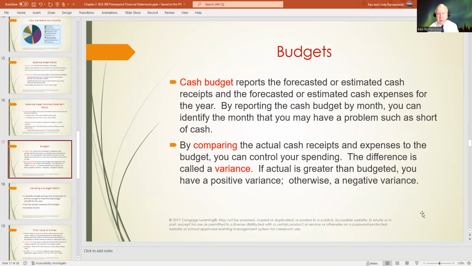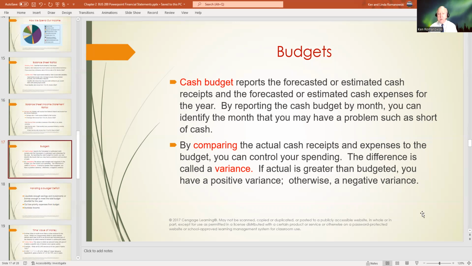Okay, a few more items here. Budgets. The cash budget reports the forecasted or estimated cash receipts and the forecasted or estimated cash expenses for the year. So what you're doing is you're looking at what you've done previously, and now you're going to estimate what the cash needs and the cash income is that you're going to have in the next period, whether it's by month or by year.